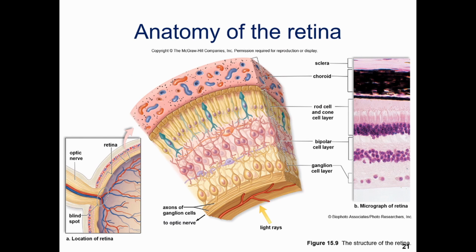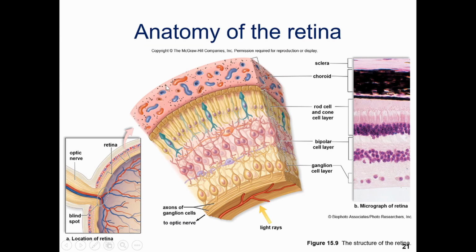So here's the retina. Now, kind of an interesting thing is that the retina of humans is seemingly built backwards. There's an evolutionary reason behind that. We won't get into that in this class, but it's kind of interesting. So we have part of the retina kind of here where we have the ganglions, the axons of the ganglion cells here, traveling towards the optic nerve.